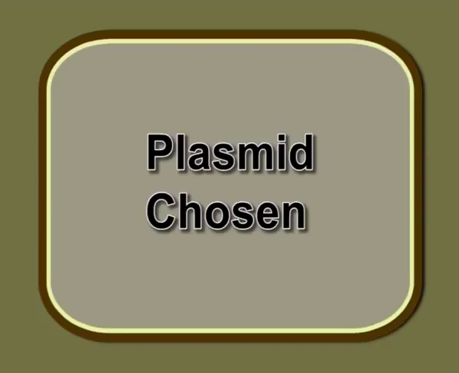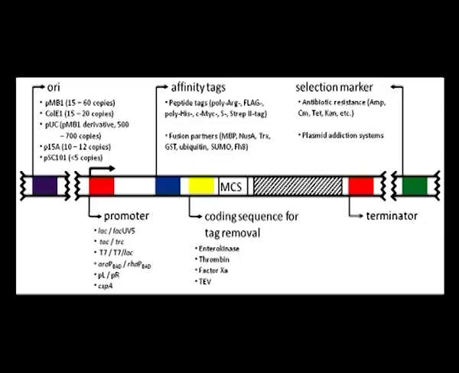Let's see about the plasmids chosen. The most common expression plasmids in use today are the result of multiple combinations of replicons, promoters, selection markers, multiple cloning sites, and fusion proteins. Fusion protein removal strategies are also illustrated in figure 1.